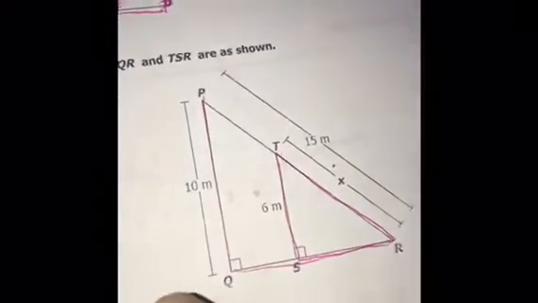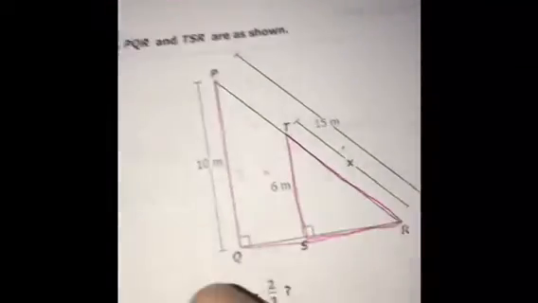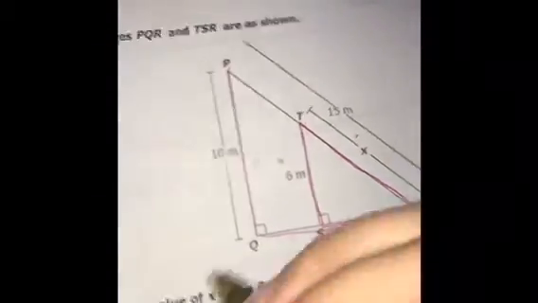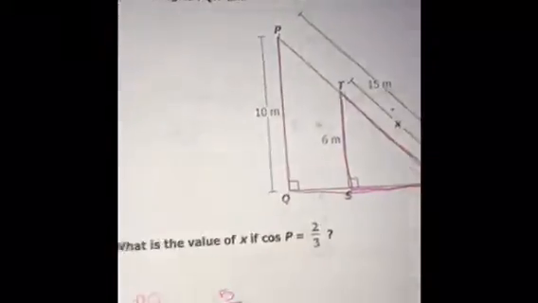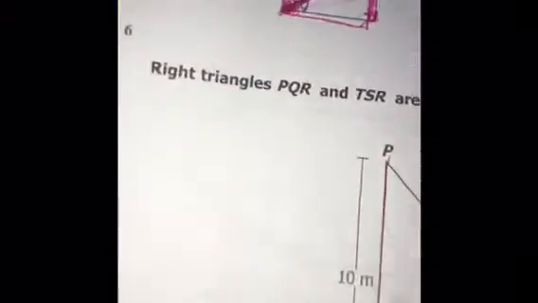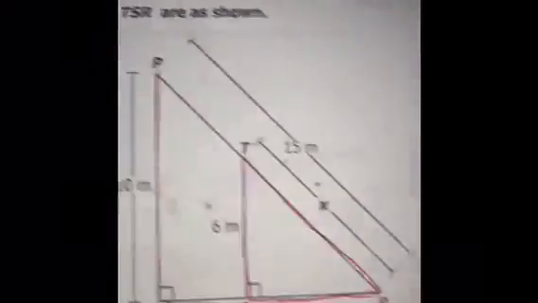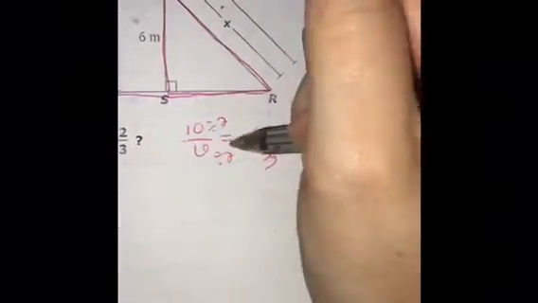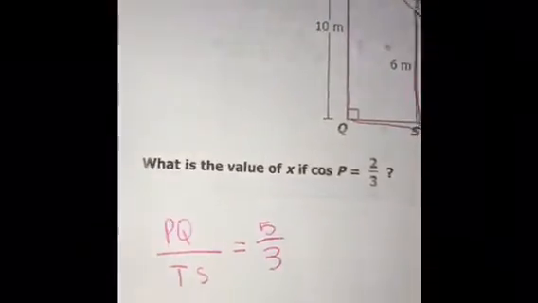So what we're going to be doing, we'll write PQ over TS equals 5/3. Okay? And that's the ratio for all the sides. Because if we take 10/6, so let me show you, we have 10/6, we divide both sides by 2, since that's what they're both divisible by, we get 5/3, right? So that's our ratio for all the sides, so that's why we have this.